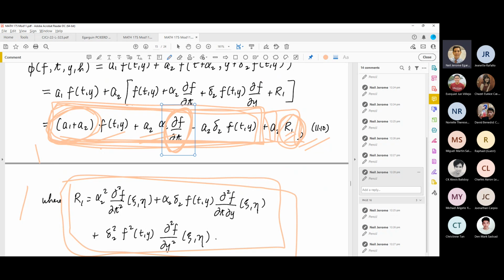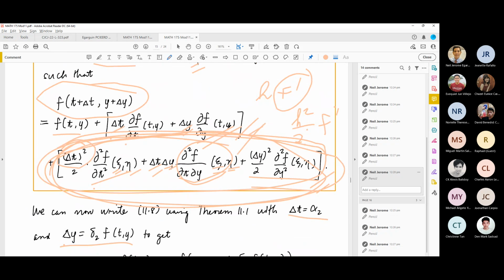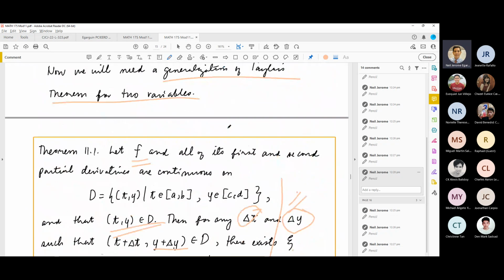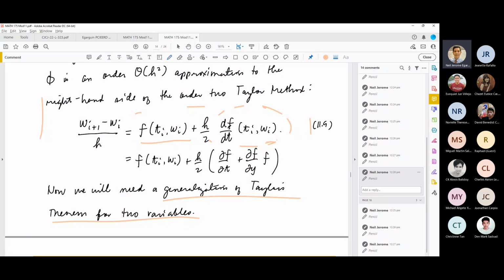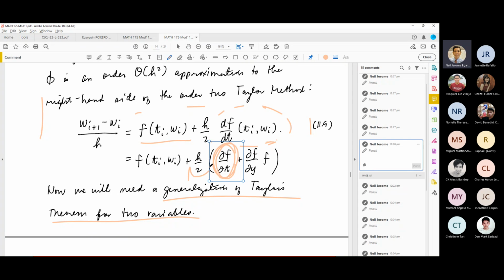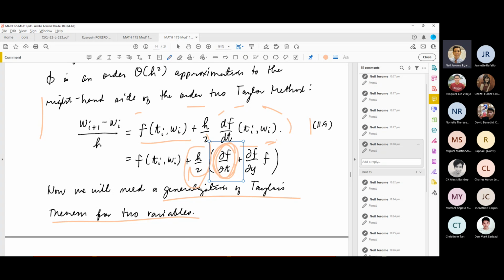So tingnan natin siya rito. Yung Taylor's expression natin, okay, there you go. Ang coefficient dito ng partial ni f with respect to t ay h over 2. So whatever coefficient of partial of f with respect to t in our Taylor series expansion of our function phi should be equal to h over 2.